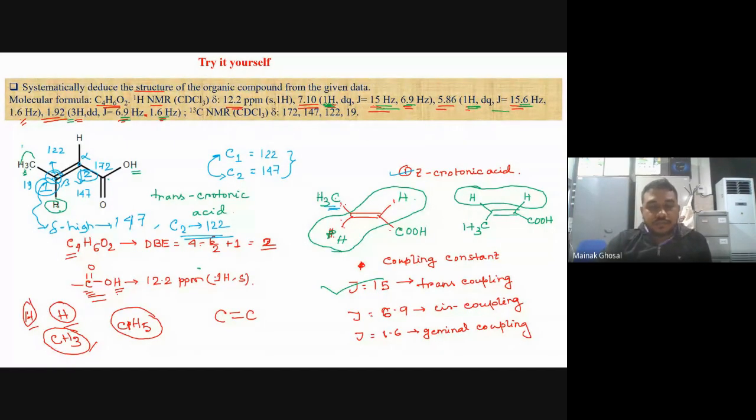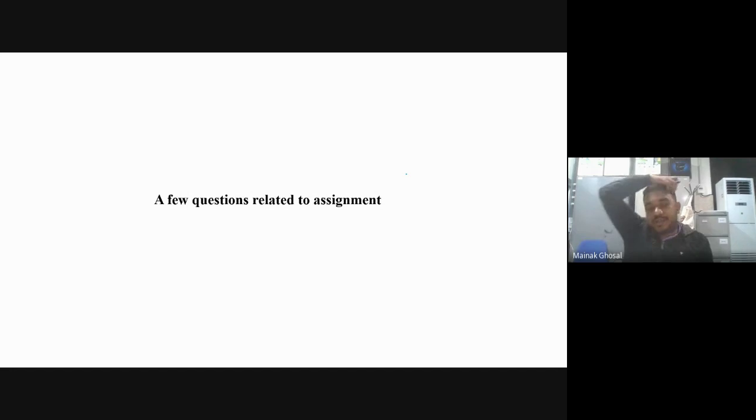Now I'm going to questions regarding this week's assignment, which will be discussed. This is actually dealing with questions where the spectral data related to mass spectrometry is given, and you need to identify the fragments that are giving this kind of data.